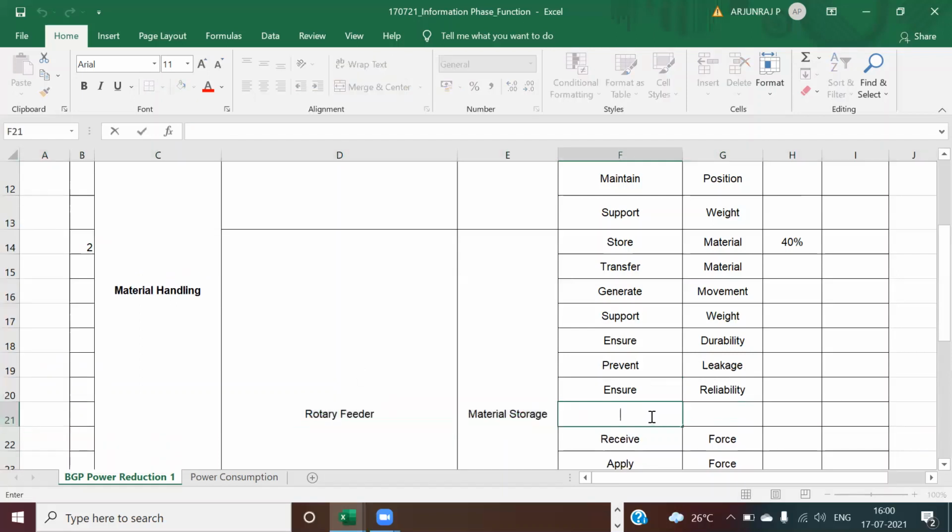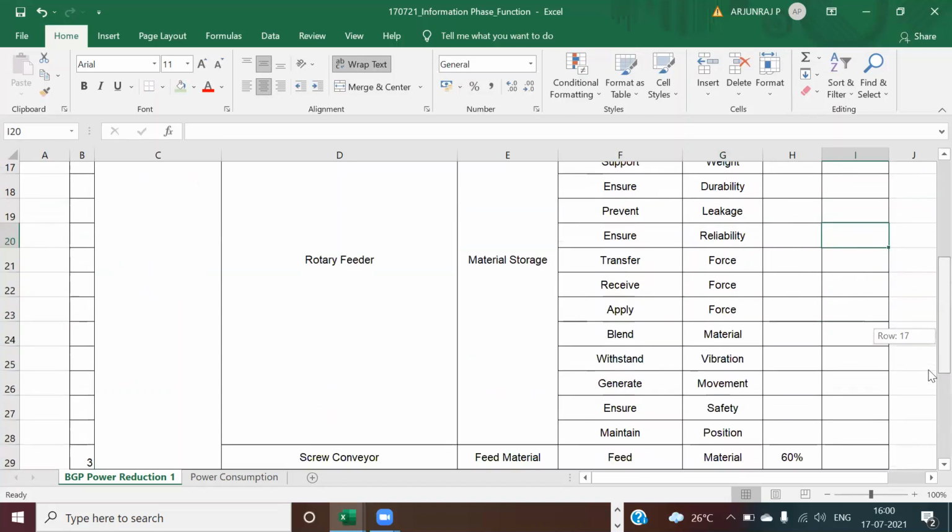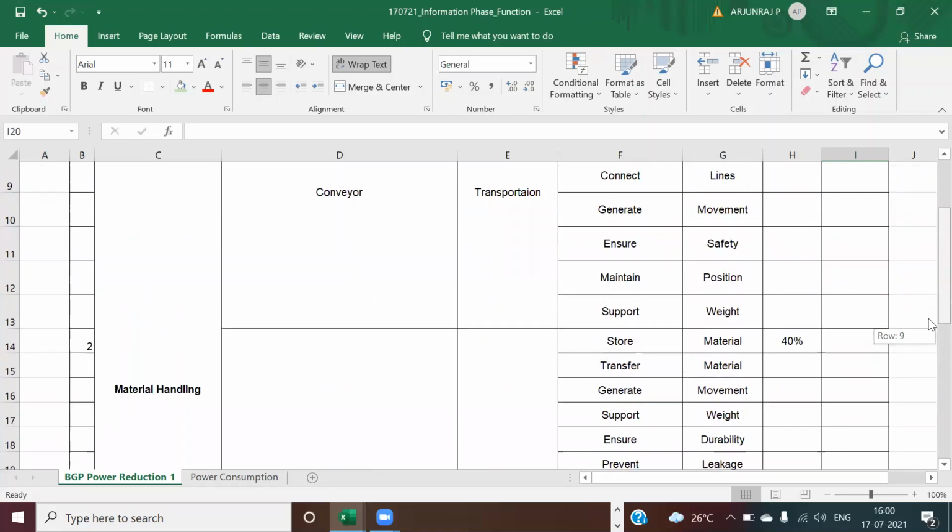Transfer of energy. Once the force is transferred, then the movement is going to happen. And once you generate pressure, what happens? Material moves.